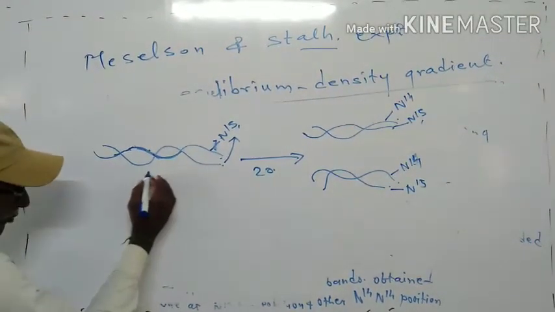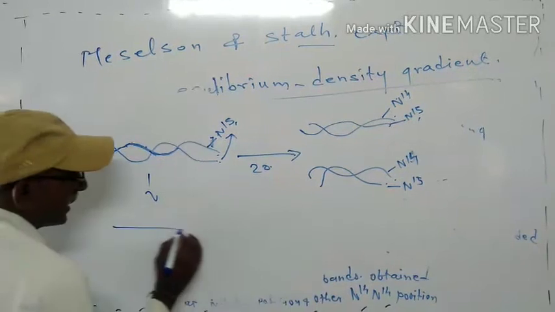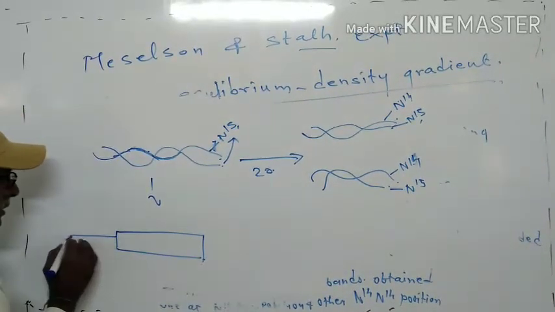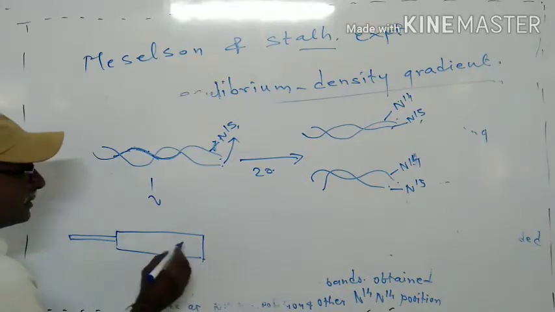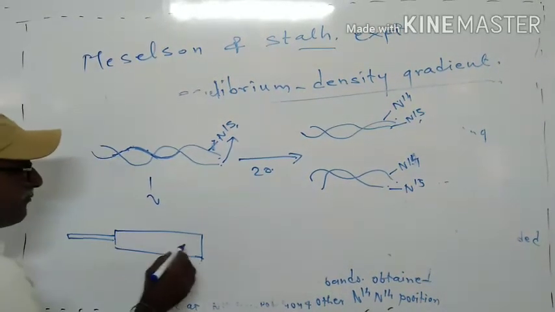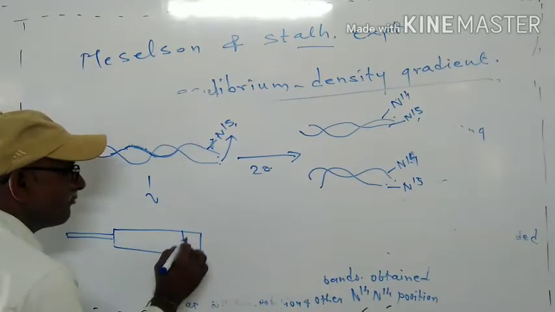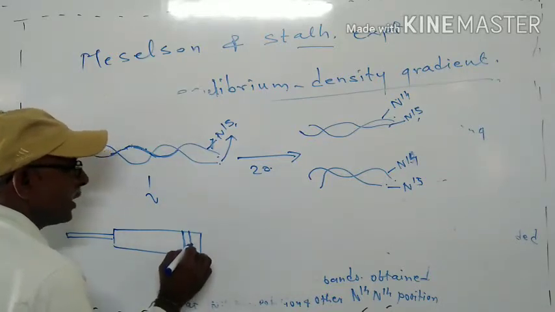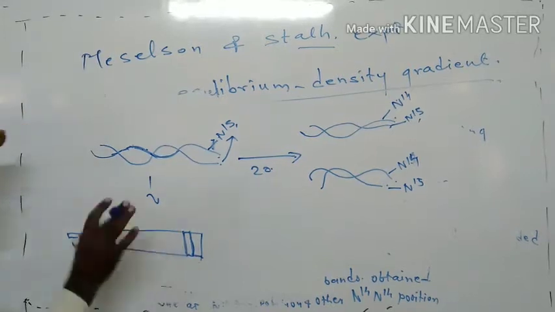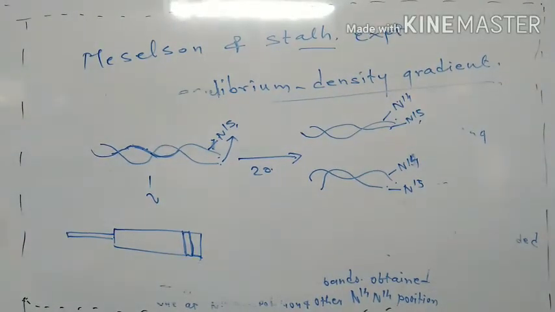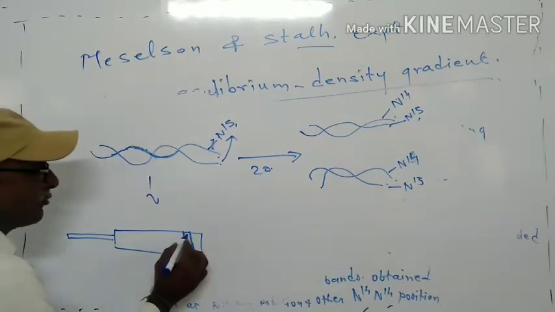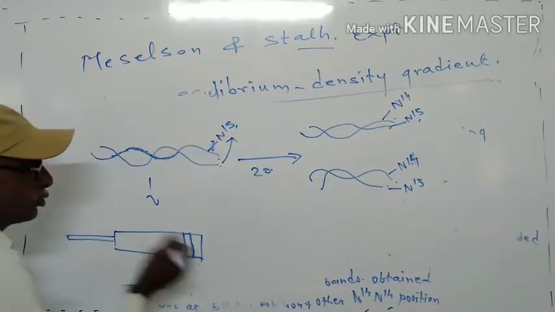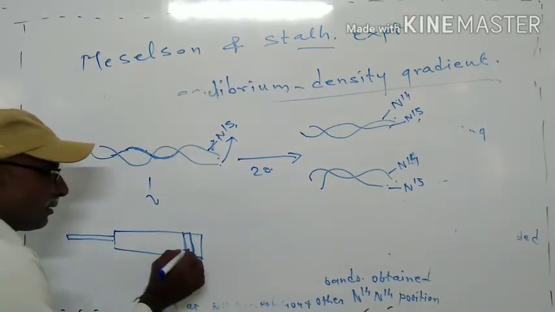And from this, a band was recorded. Suppose this is a test tube in which centrifugation is done. The band was recorded of N15, and this N15 is heavy. It is heavy, so heavy particles settle down near the bottom of the test tube. So this band was formed at this position, near the base.